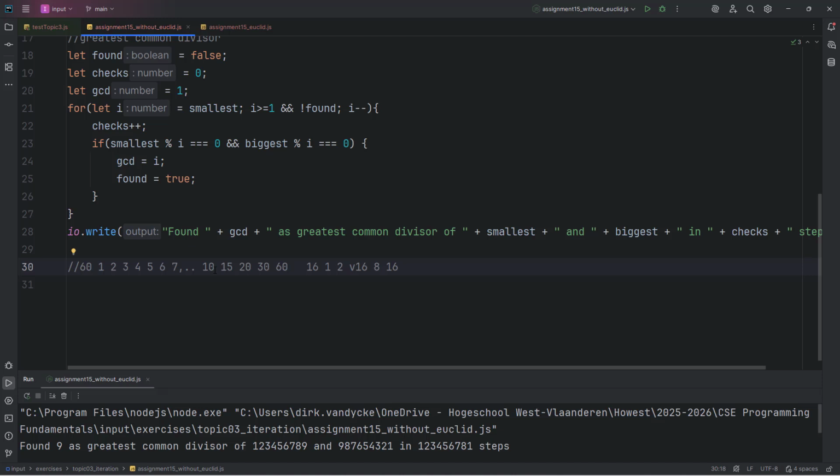Do I need to round up or round down? Well, I can't round up, because if 7 point something times the same number equals 60, then rounding up will be over 60. It will be too great. So 7 would do. So round down.